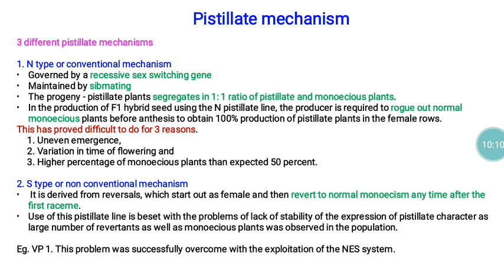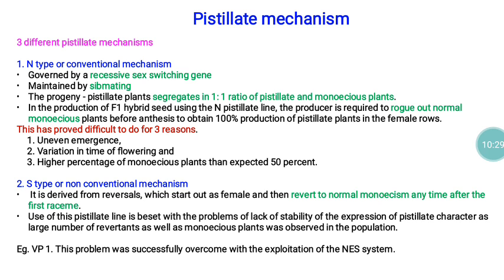The N-type mechanism is almost equal to your GMS, the genetic male sterility system, which we use for hybrid seed production in red gram. Exactly the same one is here, called the N-type mechanism.